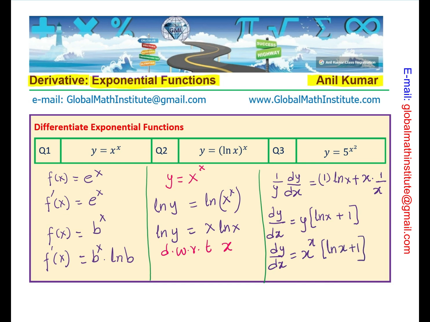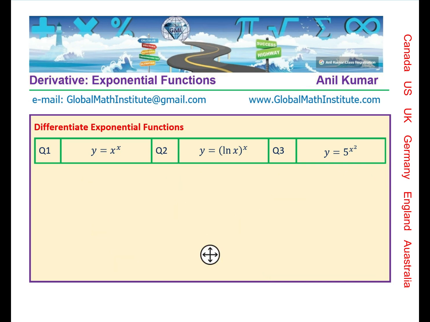Makes sense? So that is how we'll get the derivative of this particular function. So taking natural log on both sides helped us to find the derivative. I hope you've understood the strategy. You can apply the same strategy to question number 2 and then solve it. It'll be a good practice question for you.